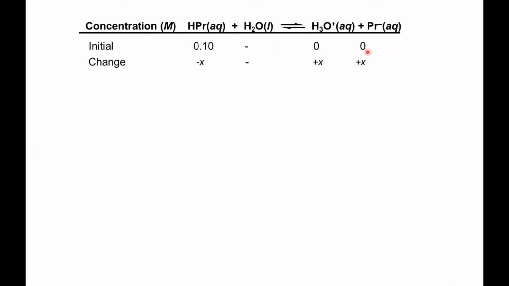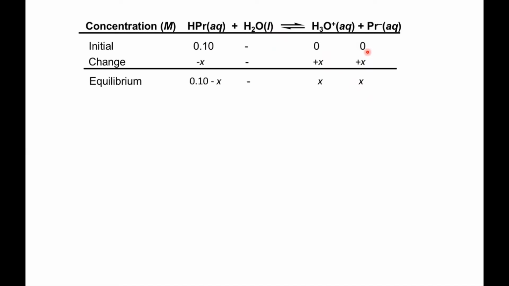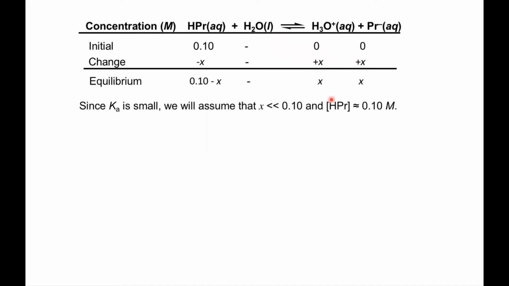During the change, we reduce the concentration of our propanoic acid, and we increase the concentration of our hydronium and our propanoate ions. At equilibrium, we have the sum of initial and change, and that gives us our equilibrium concentrations. Now you can see that the concentrations can both be described as X, which means that we can substitute X into our Ka expression from the previous slide.